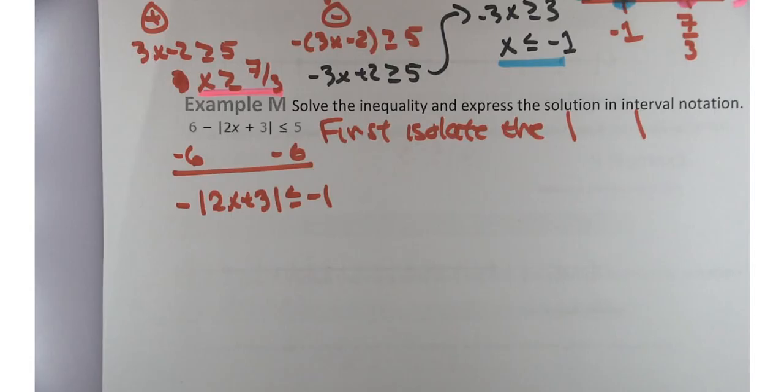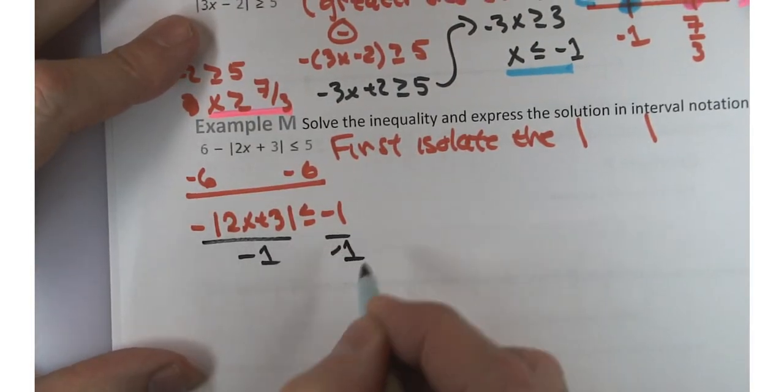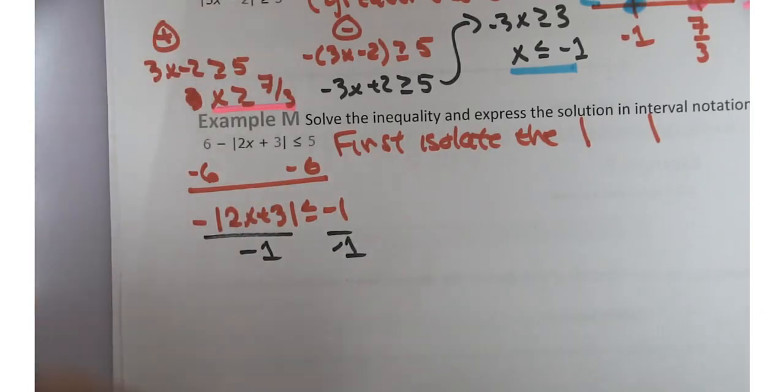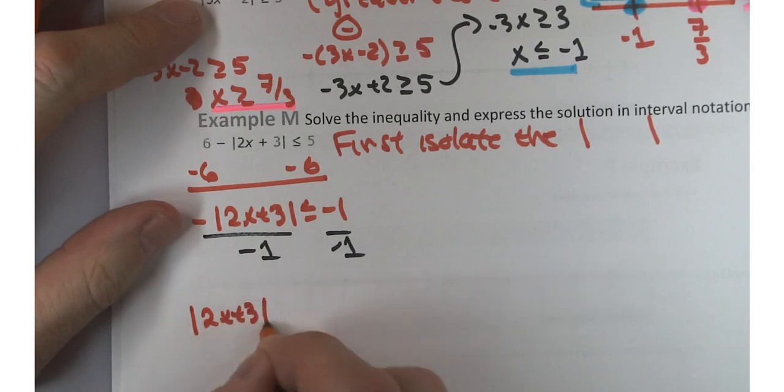And then I need to do one more thing here. What would that be? Divide by negative 1. Good, thank you. What's the special thing that happens when I divide by negative 1? The sign flips. Even though we're not solving the linear inequalities and stuff like that, we still have to be careful about the sign.